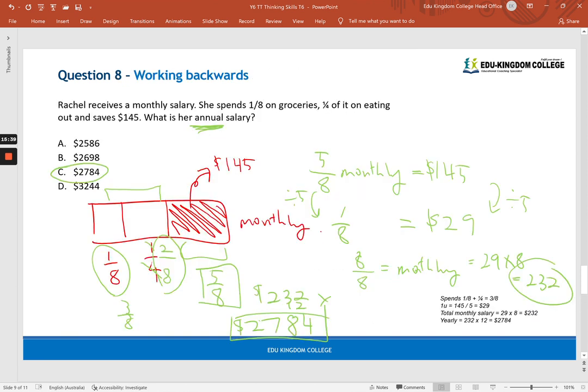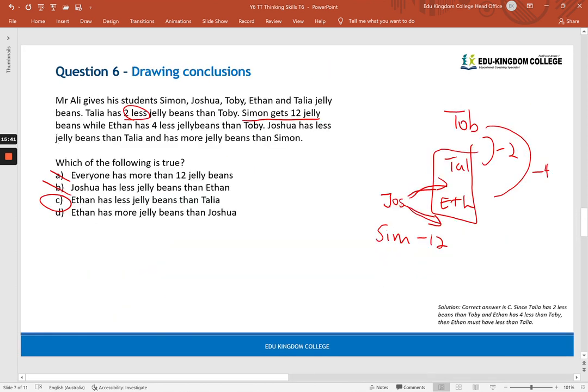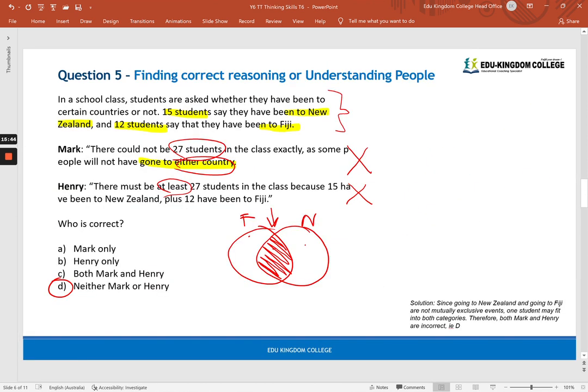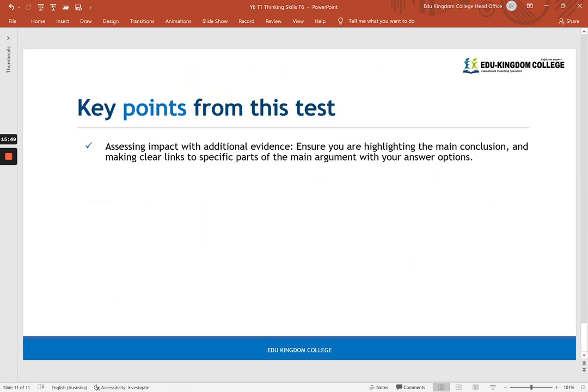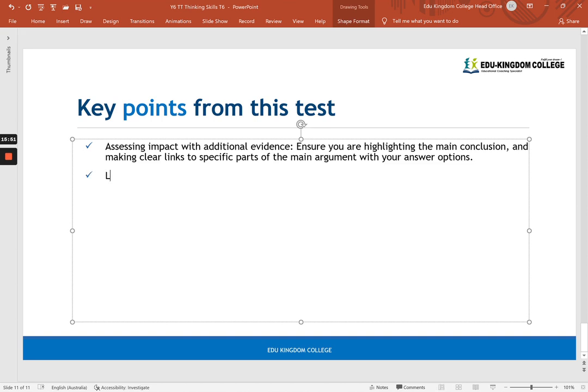Another thing, let's go back and check what we did so far. Okay, yep. So I want you to also, for decision-making questions, okay, or like ordering or allocating things to people, remember those questions, the jelly bean question, okay, try and use a diagram to illustrate the gaps between people.